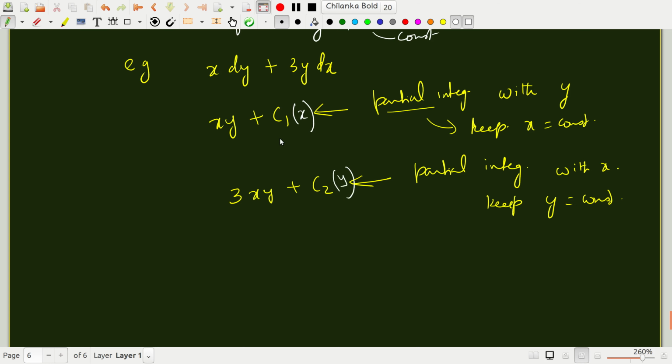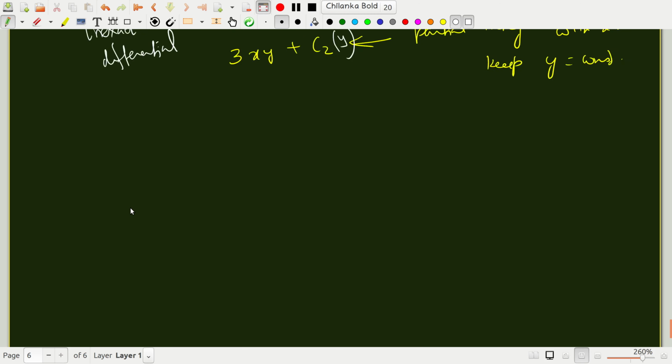Now, regardless of what you choose for these constants, whether a function, a constant, or 0, you will never have these two be the same. That means this is not consistent. So this is an example of an inexact differential, because it doesn't directly integrate to give you a well-defined function.